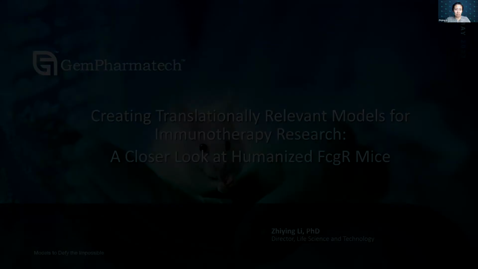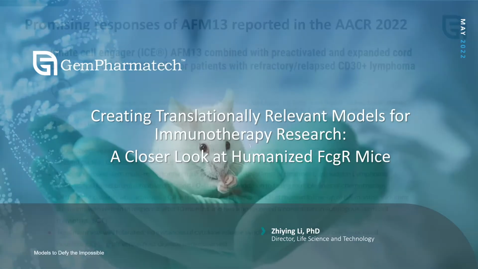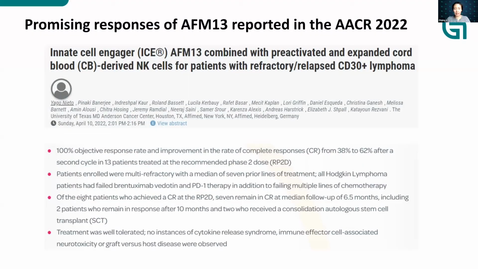All right, I'll get started and share my screen. We're going to talk about humanized FcγR receptor animals today and their application for immuno-oncology research and drug development. This has been an effort for a while, not only by GemPharmatech, but also by other researchers in industry and academia.